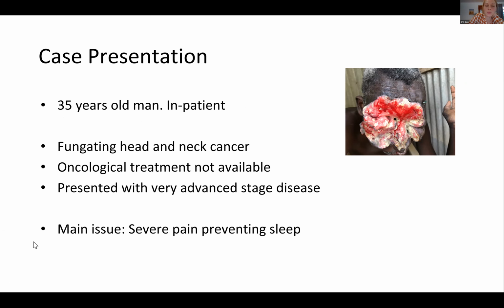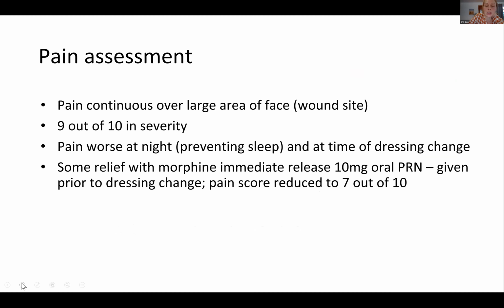And prescribing this patient only an as-needed dose of 10 milligrams of oral morphine is not enough. As we could tell, his pain was a 9 out of 10 when we saw him initially. It only went down to 7 out of 10. That's not enough for pain to be controlled.